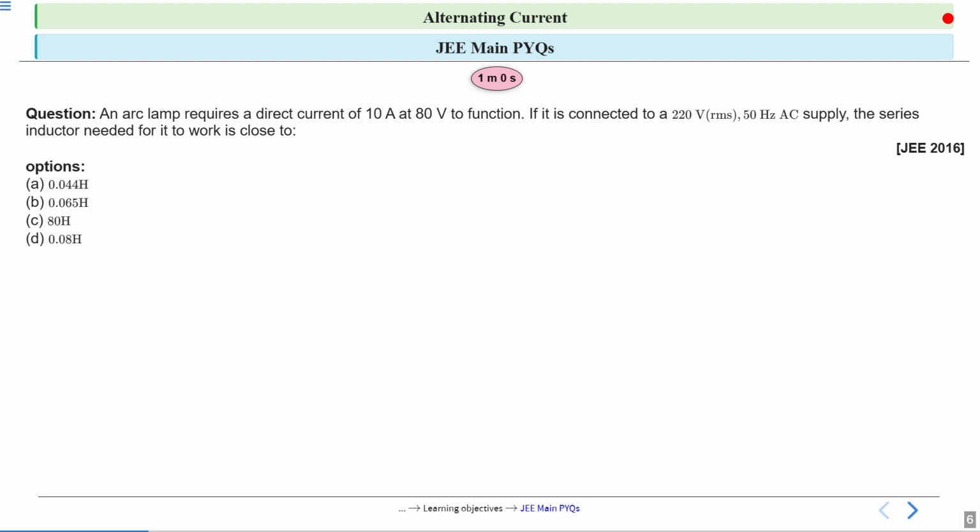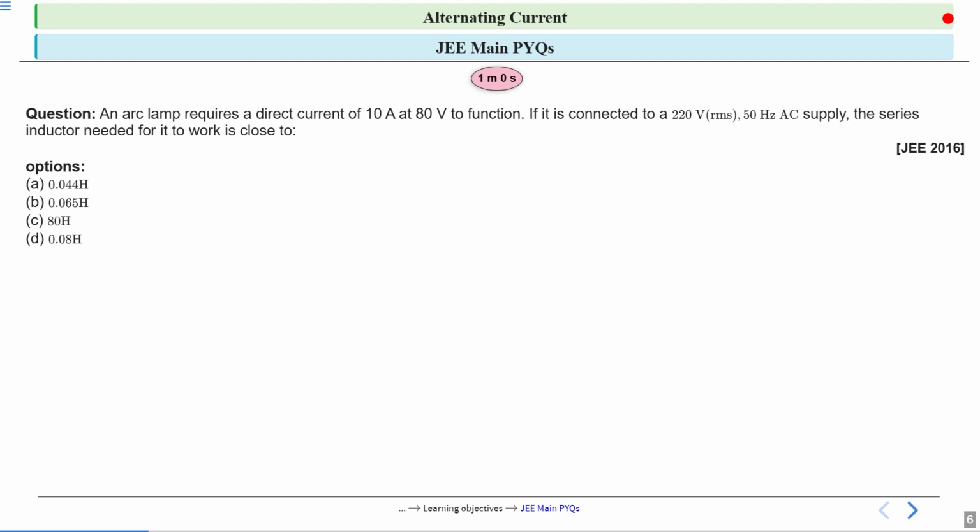So we have to flow the same amount of current through the circuit, meaning 10 ampere in the case of direct current, and I RMS should also be 10 ampere. We will divide the voltage between the resistor and a series inductor, so that voltage is divided over two components and only 80 volt RMS is across the bulb.